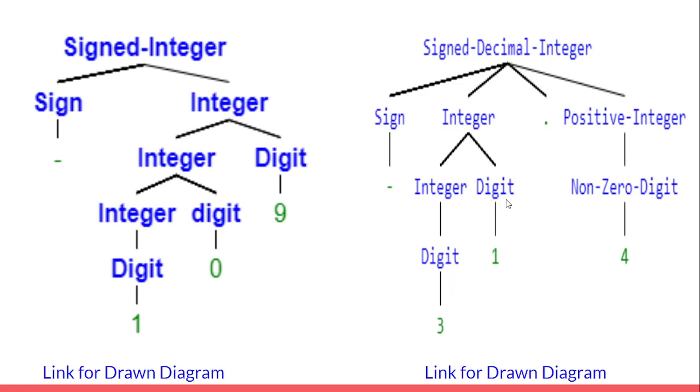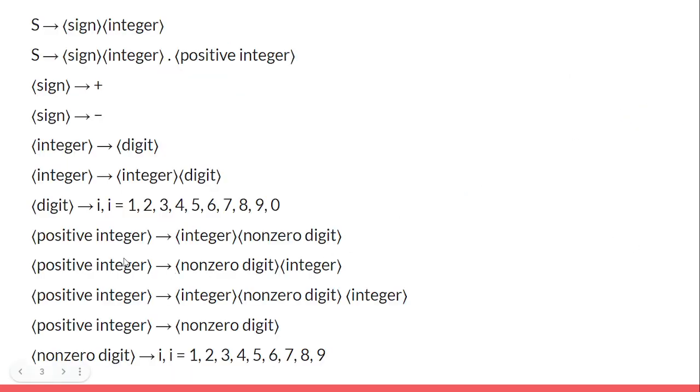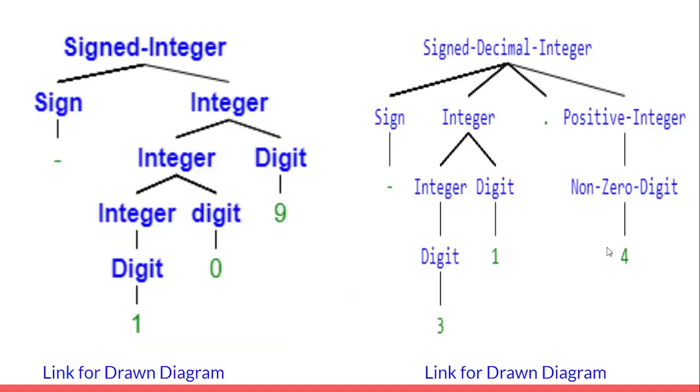The next digit is replaced with 1, and after the dot we only require one digit, that is 4. Therefore we directly replace positive integer with a non-zero digit, and replace the non-zero digit with 4. If we require more than one digit after the point, we replace positive integer with positive integer, 0 digit, integer. So we get a recursive call and we have more than one integer after the point.